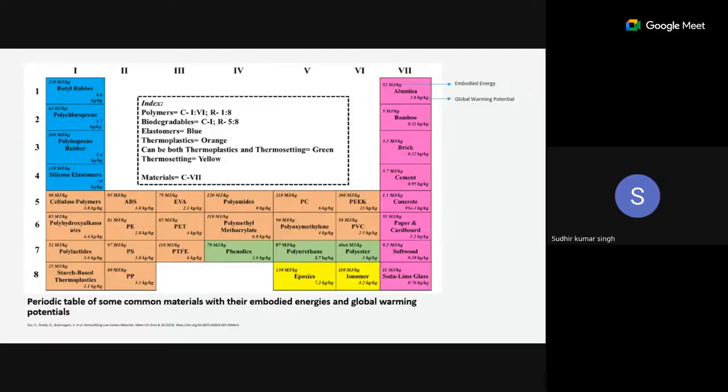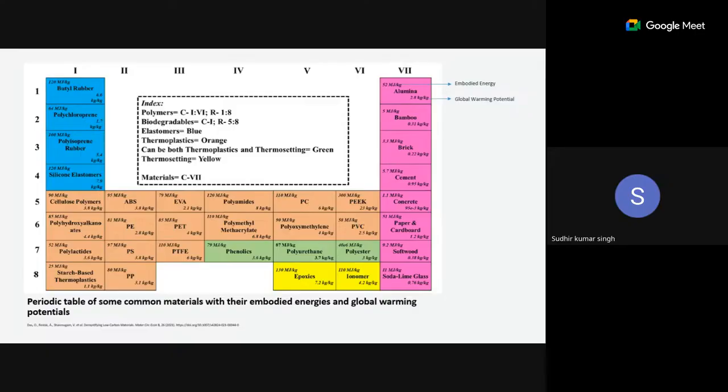When we are supposed to select a material for synthesizing a new low carbon material, I have to make a choice between different available options in the market. So if I have a choice between 4 blue materials, which I say all the 4 blue materials are elastomer, and I have to choose one, what I instantaneously see is the global warming potential of that material amongst the category blue.